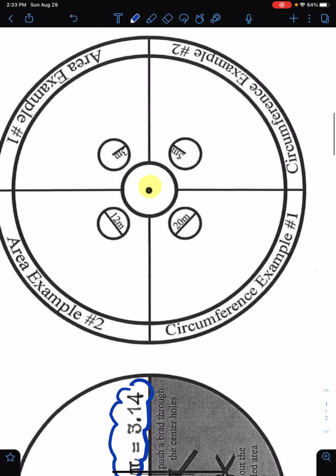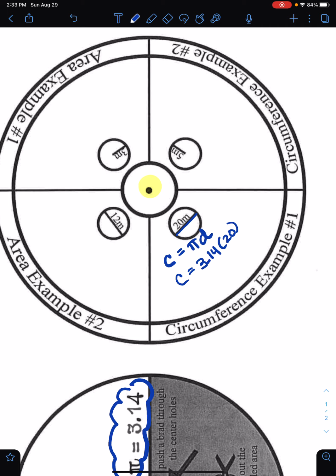Let's start with circumference. So let me get a little bit smaller pencil here. The circumference is pi times the diameter. In this circle, the diameter is 20, so I'm going to do pi, which is 3.14 times 20, because that's the diameter.